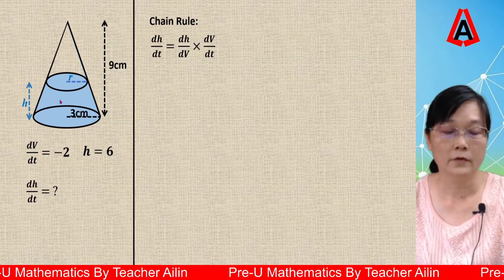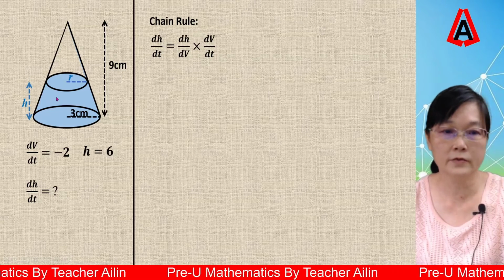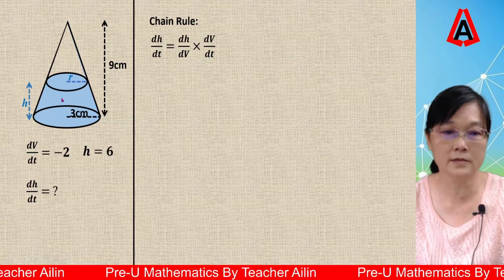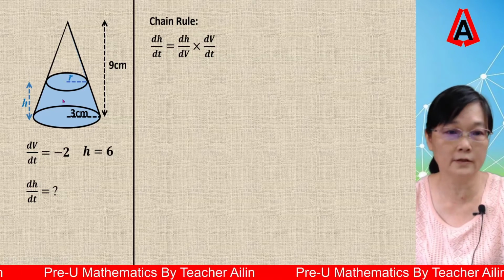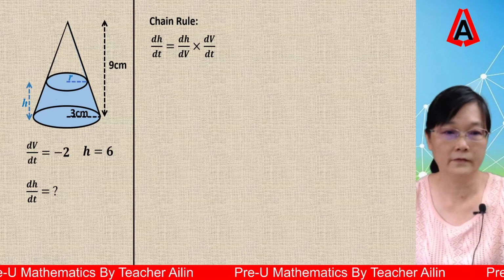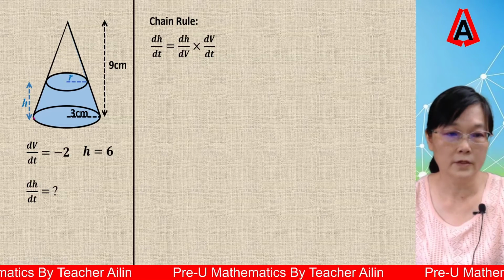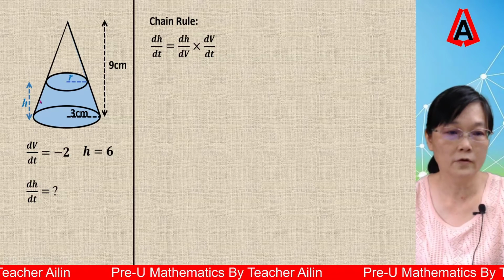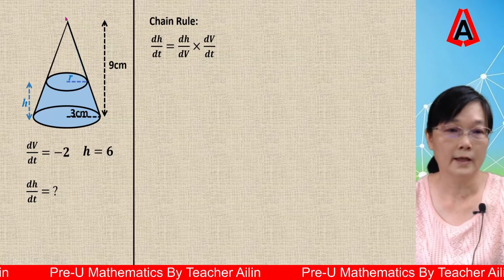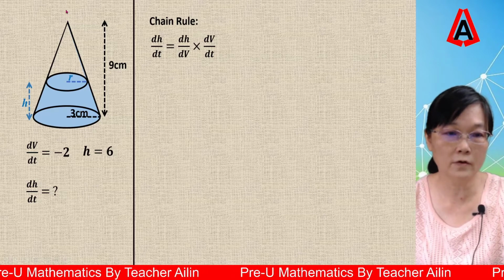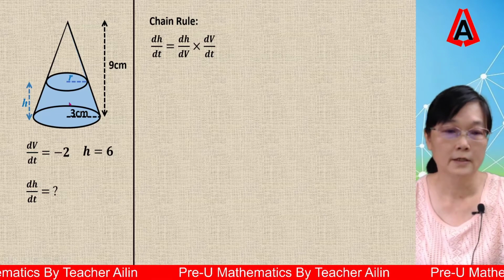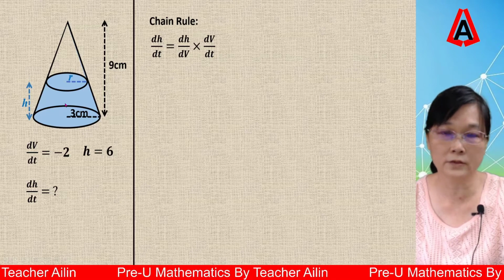So that means we cannot use V equals 1 over 3 pi r squared times h to find the volume of the water. So to find the volume of the water, first we need to find the volume of the cone and minus the volume of this empty part in order to find the volume of the water.